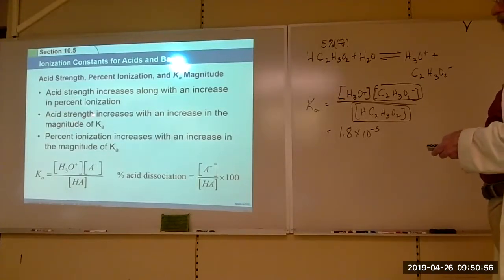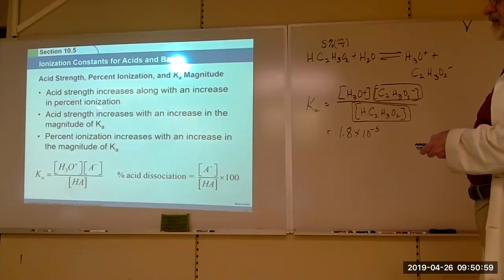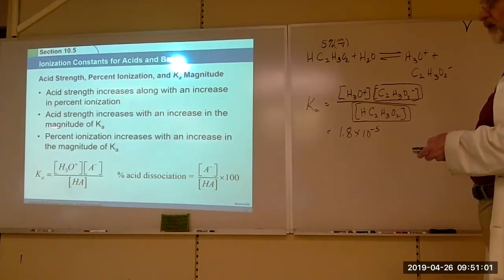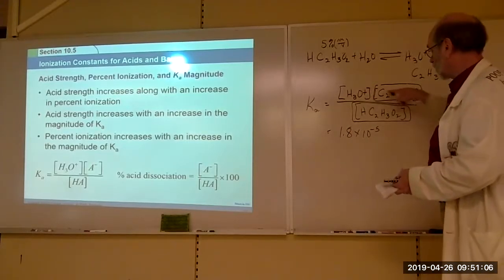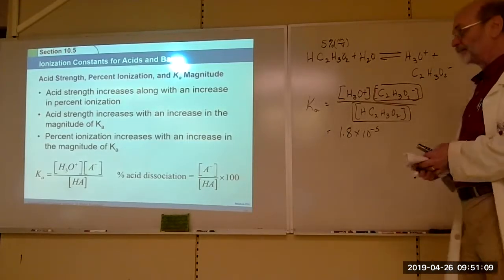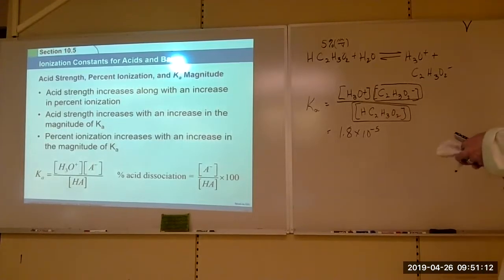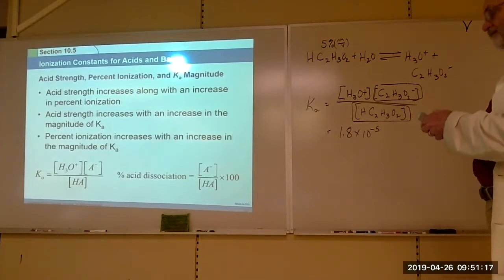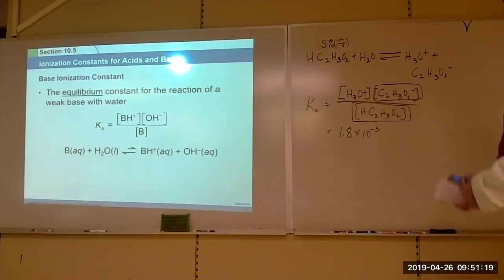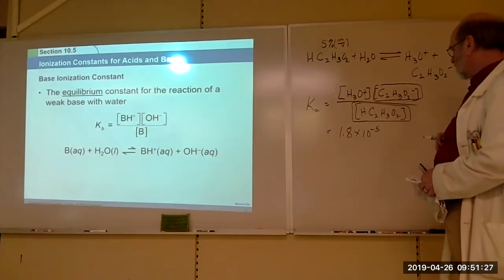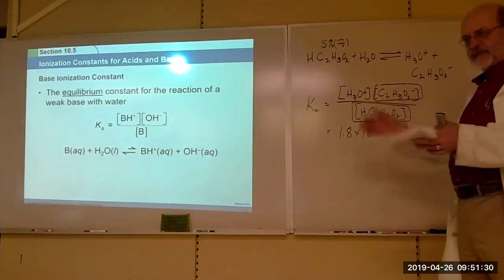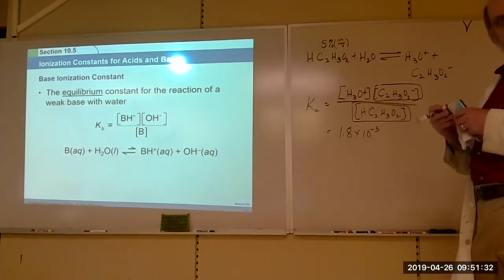And, well, this doesn't have anything to do with percent ionization, but the strength of the acid does increase as we increase this value, because that means more of this is being produced. So they are related. And that's all we're going to say about that. So if you're given the equilibrium concentration of this and of that, can you calculate percent dissociation? Yes. Just use the formula.